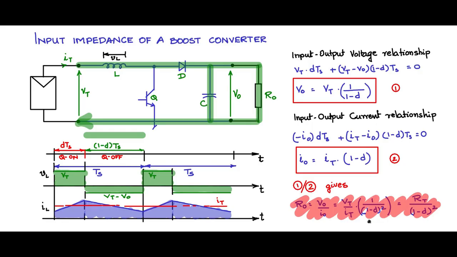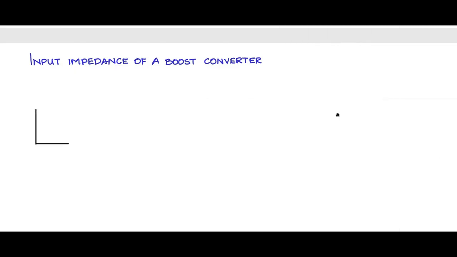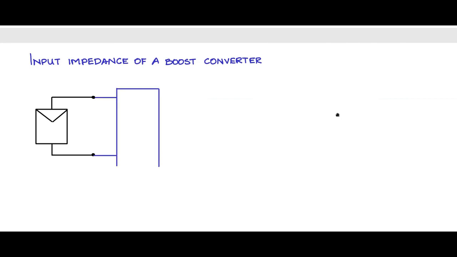Now let us look at this whole circuit from the viewpoint of this resistance relationship. Let us now see what is the effect of the boost converter on the MPPT through the IV characteristic curve. So I am replacing the boost converter by a block, and we have the load resistance R naught like this.